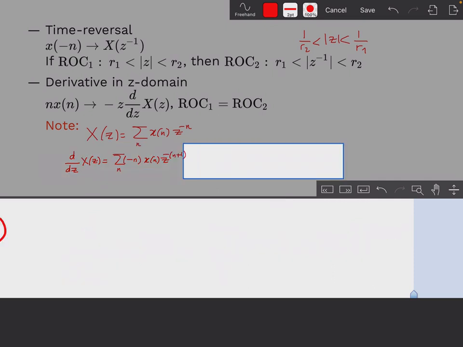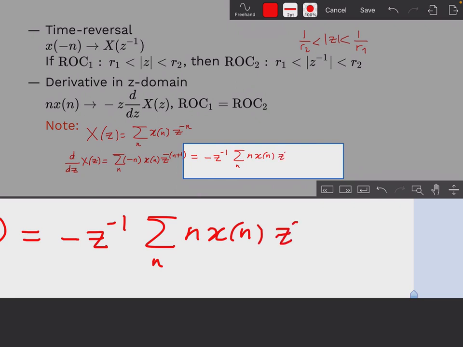Right? And if you want to write it in a simpler way, we can just factor out the z as well, which means we have a Z transform that is in this form: minus z to the power minus 1 times, for all n, x of n z to the power minus n.